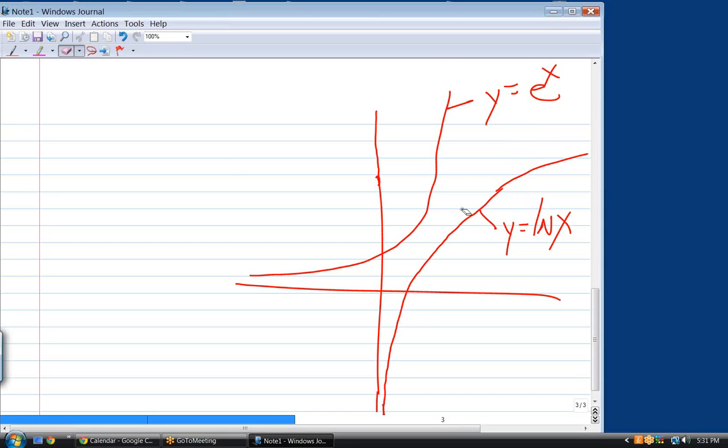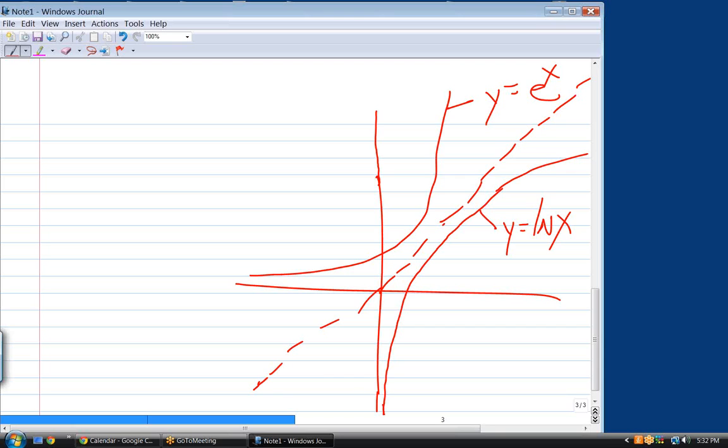And what does inverse mean? It means that graphically it is a reflection about the line y equal x. Always. All inverses are that. If you want to find an inverse function, draw a dotted line y equal x and reflect whatever this function is about that dotted line. And you'll have the inverse function. And that's true all the way through calculus.